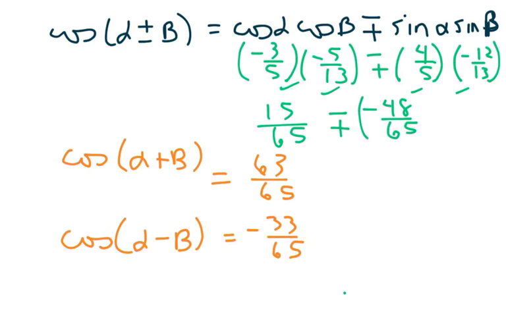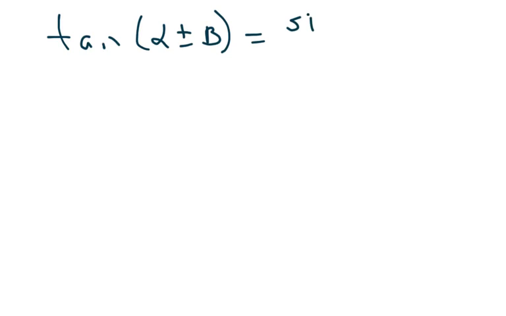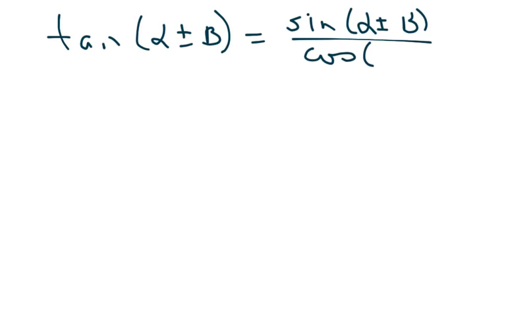Now tangent, therefore, is going to be a piece of cake, because all we're going to do is divide those two numbers. Tan of alpha plus or minus beta, instead of using the complicated formula, we're just going to use sine of alpha plus or minus beta over cosine of alpha plus or minus beta.